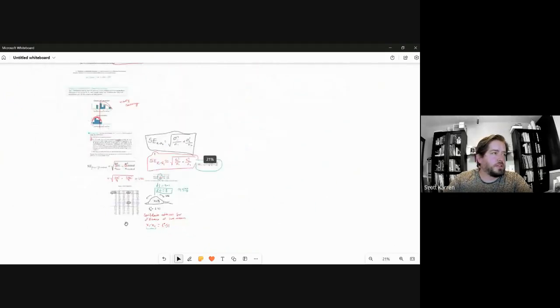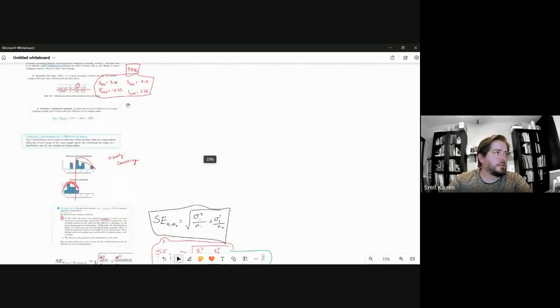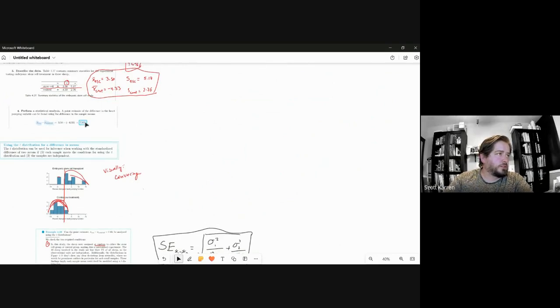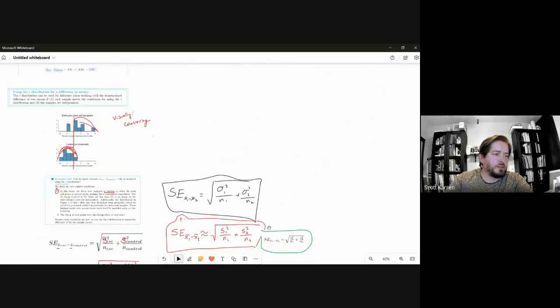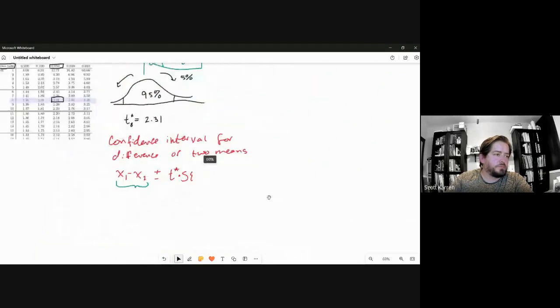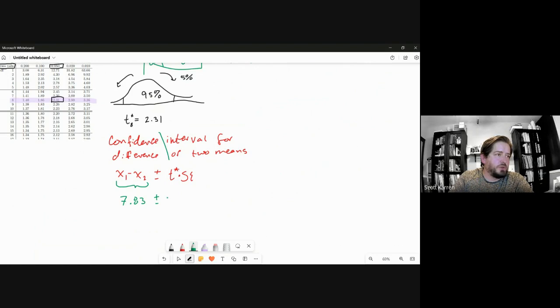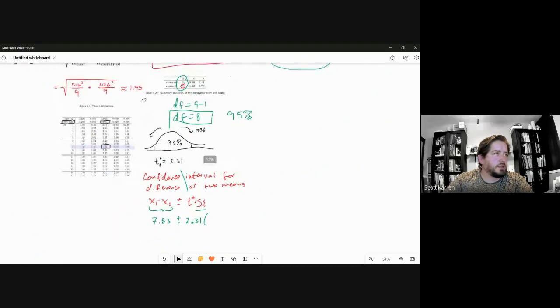Was that like 10 days ago? Where is this? I know I wrote it somewhere. Oh, there it is right there. I highlighted it, 7.83. Plus or minus this T star that we just calculated, 2.31, and then multiplied by that SE, which is right there, 1.95.